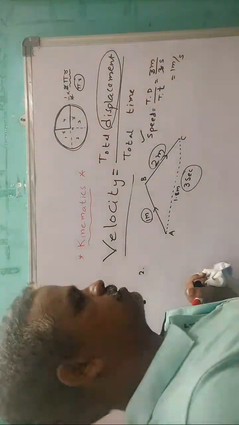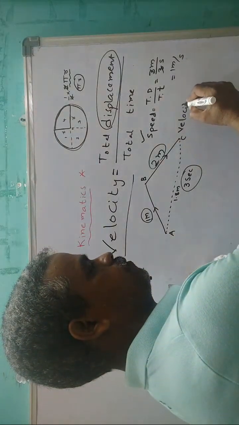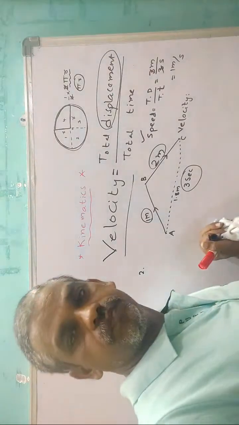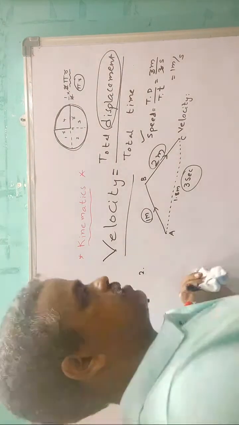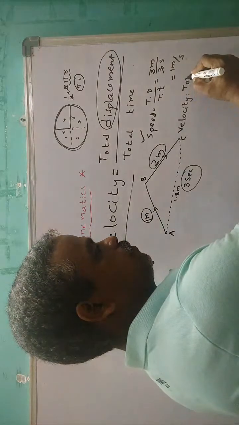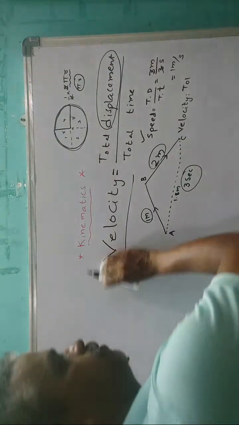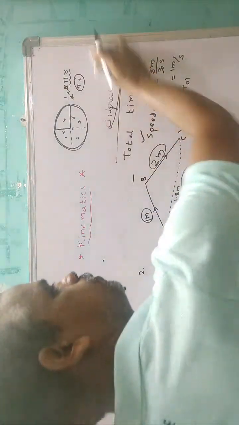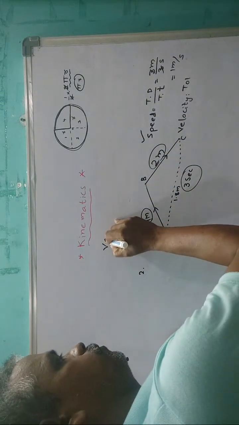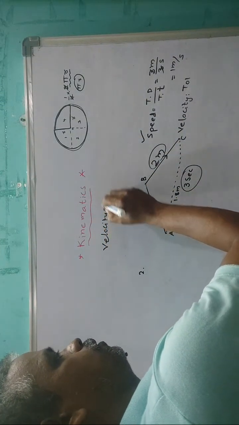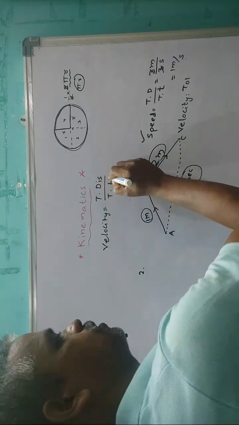Now I want to find velocity. Velocity is equal to total displacement by total time.